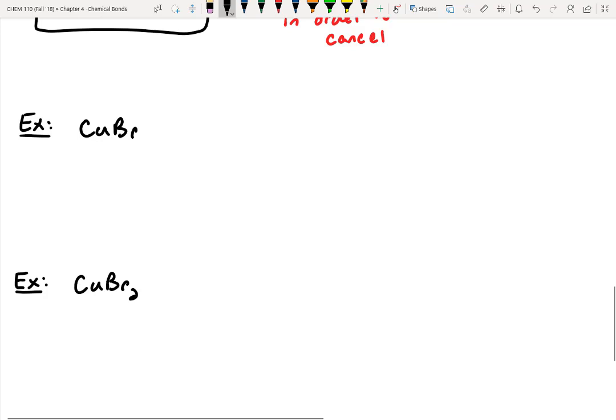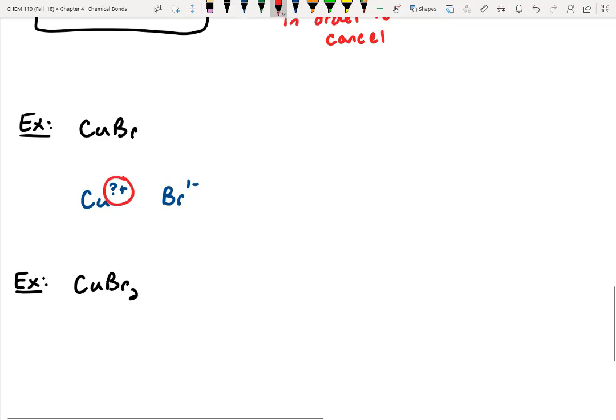All right, so if we think about the first one, we've got copper. It's a transition metal. We don't know its charge immediately. And then we've got bromine as our anion. What charge does bromine have? It's in group 7, so it'd be -1. All right, so based on this, knowing that bromine's -1, our copper must be +1 to have it cancel.